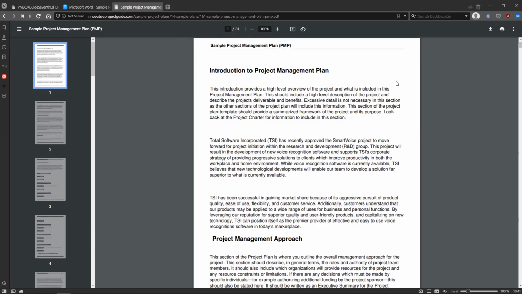Now I'm switching to the sample project plan. It's a pretty big document. This one is the project management plan, and I'll show how the information from this assumption log, from other registers or logs, is stored within the project management plan document. And to reiterate, a lot of people have the misconception that the project management plan is just a work breakdown, basically a list of tasks and a list of dates associated with these tasks.